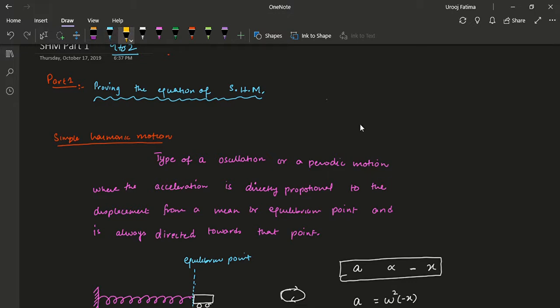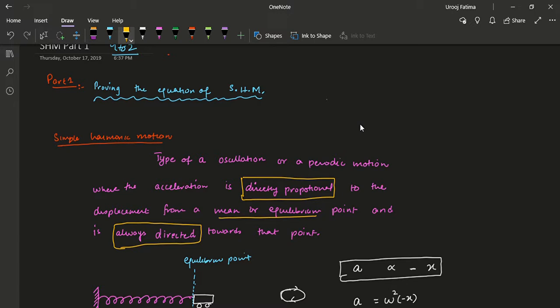So a simple harmonic motion is a type of oscillation or periodic motion, right? So it's a movement in a complete cycle where the acceleration is directly proportional to the displacement from the mean or equilibrium point, and is always directed towards that point.